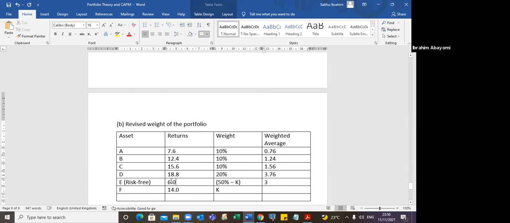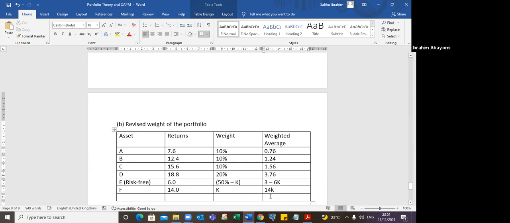You also use that same 6 to multiply K, so I have minus 6K. So I have 3 minus 6K. For this one, 14 times K will be 14K.